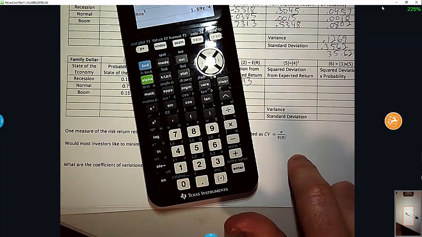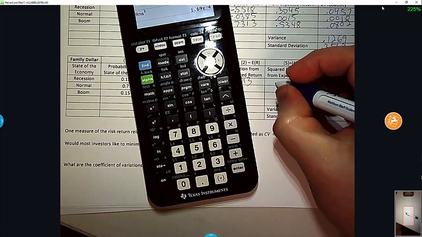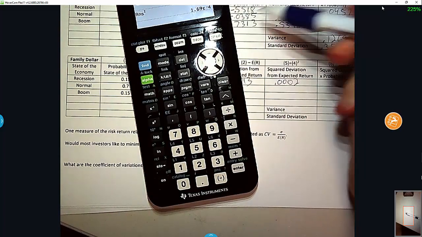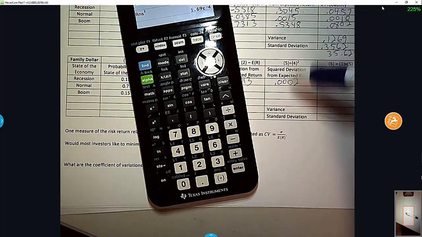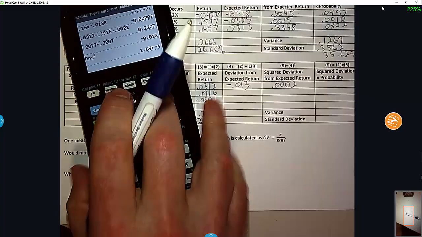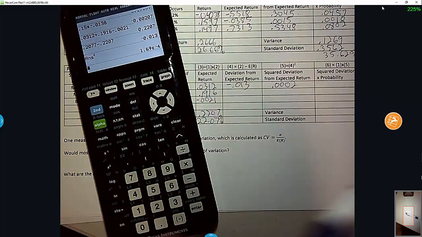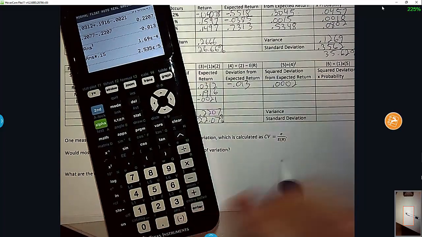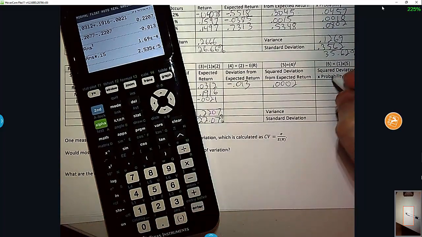This really small number is 0.0002. Or if you want to get very specific, it's 0.000169, but we'll round to that fourth decimal. And then I'm going to multiply that by the probability, which is going to make it even smaller. So 4 zeros and a 3: 0.00003. Okay.